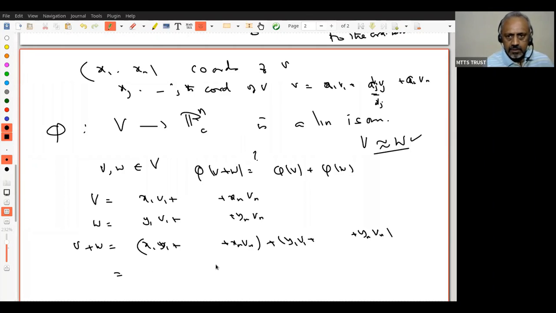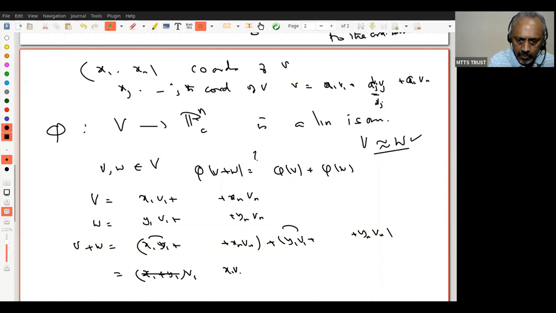But vector addition, as we know, is associative and commutative. Therefore, I can group terms together. This is y1 v1, this is x1 v1, so I can take these two things. So I will get x1 plus y1 times v1. You understand this? Or if you want, let me write it as x1 v1 plus y1 v1 plus, next, xn vn, etc.